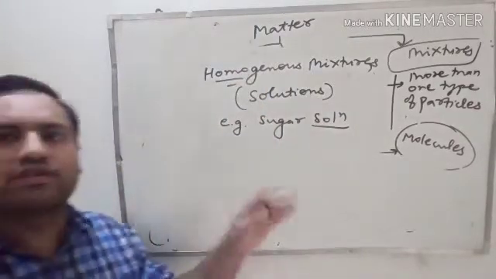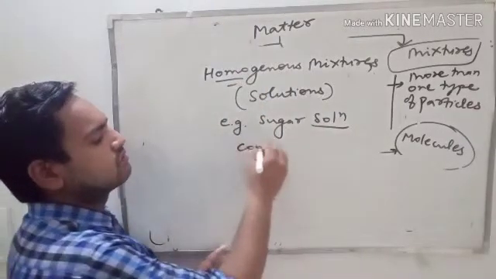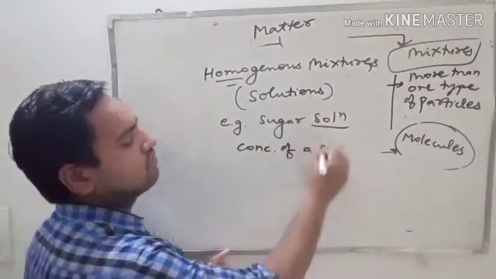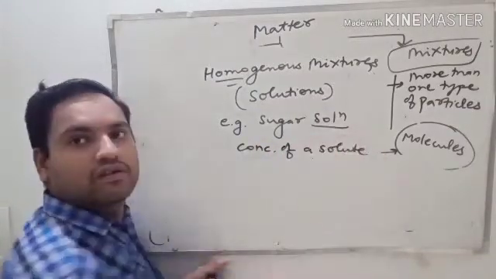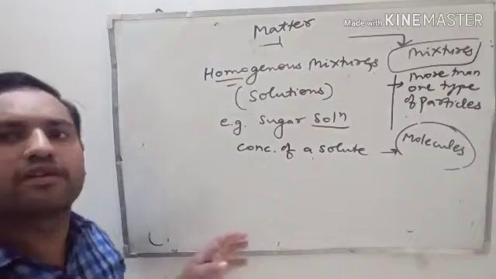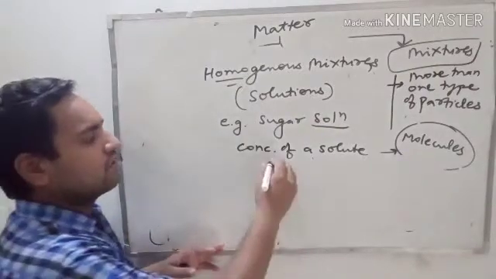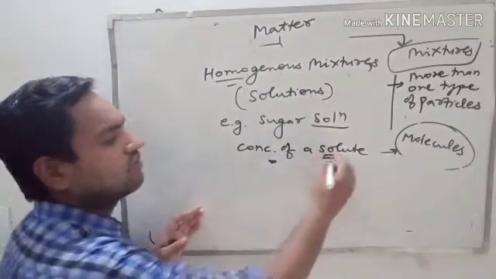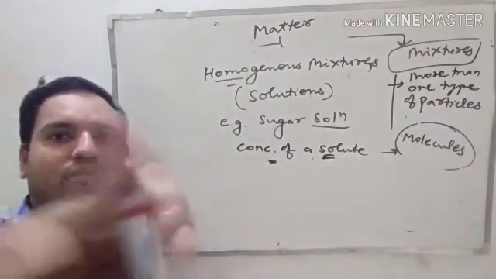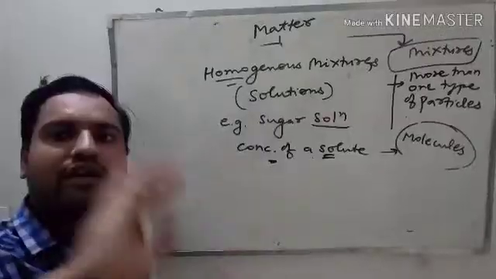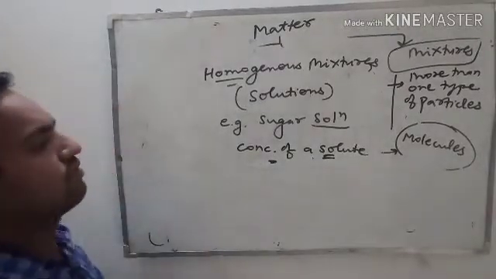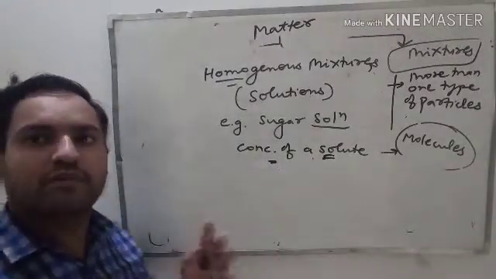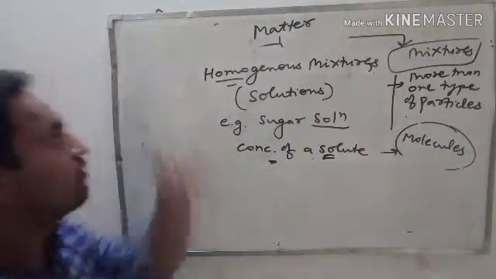The solute is present in less quantity, and the solvent is present in larger quantity. The concentration of solute will be uniform. You can take a sample from anywhere in the solution, you will find the same concentration, same property. That is called a homogeneous mixture.